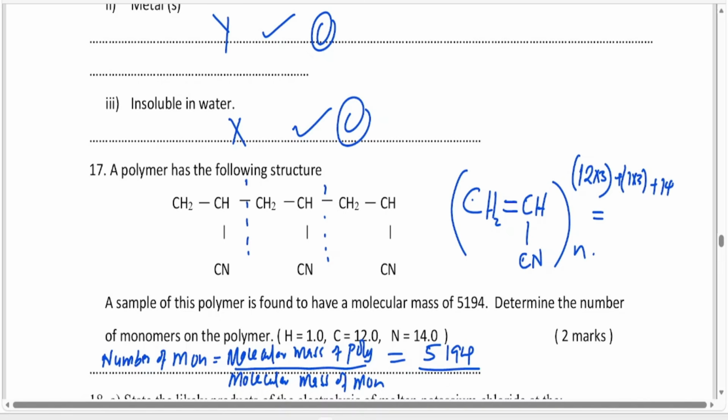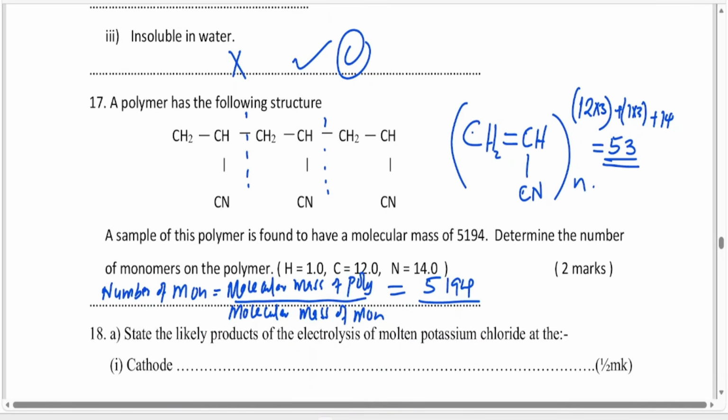When we work this out, we obtain 53. So that is the molecular mass for the monomer. So I divide by 53. When I divide this, I will obtain 98. So the number of monomers is 98.